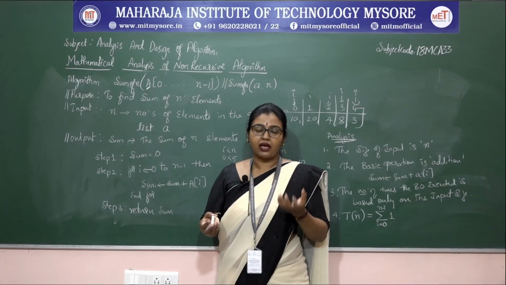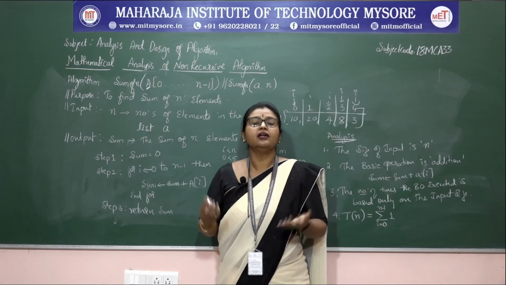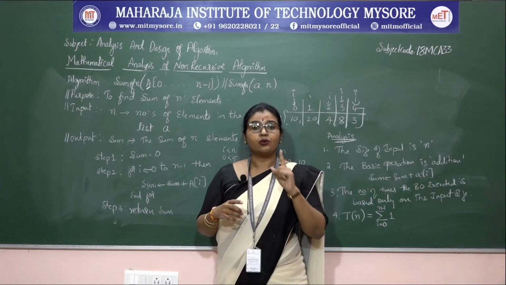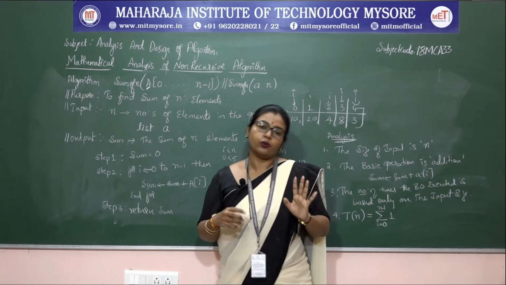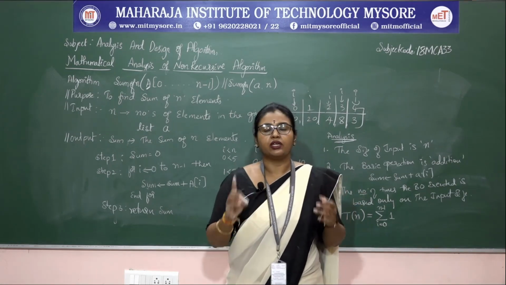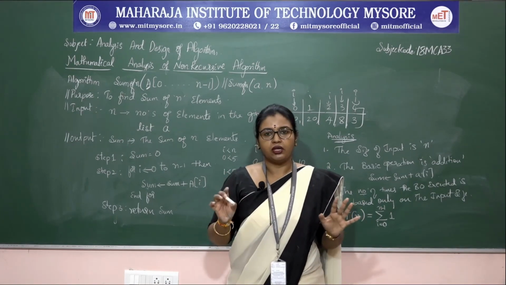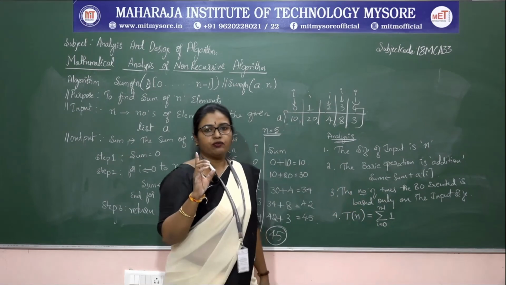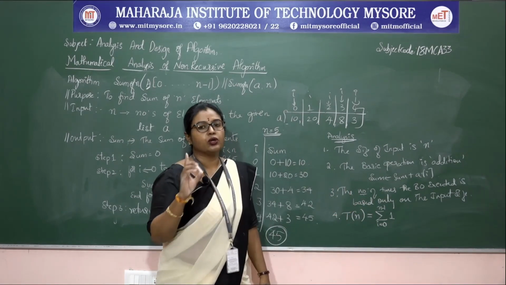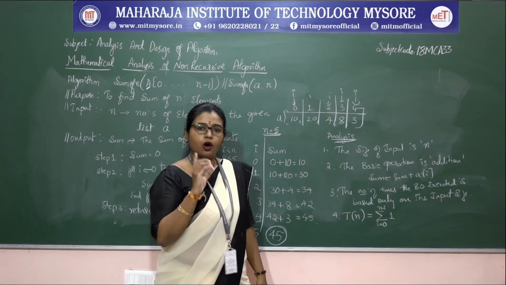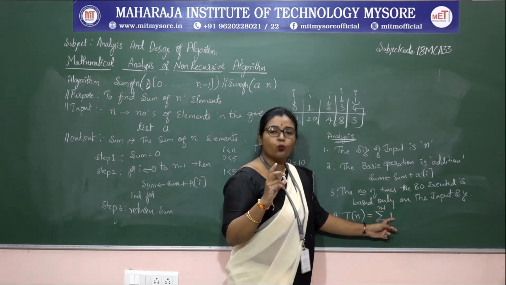The computation time here we are not calculating, theoretically we are calculating. So for that reason we are taking that as 1 unit, that's it. Here we are not mentioning whether it is seconds, milliseconds, or nanoseconds. 1 unit of time it is going to take to perform the addition operation. That's why we have written 1.